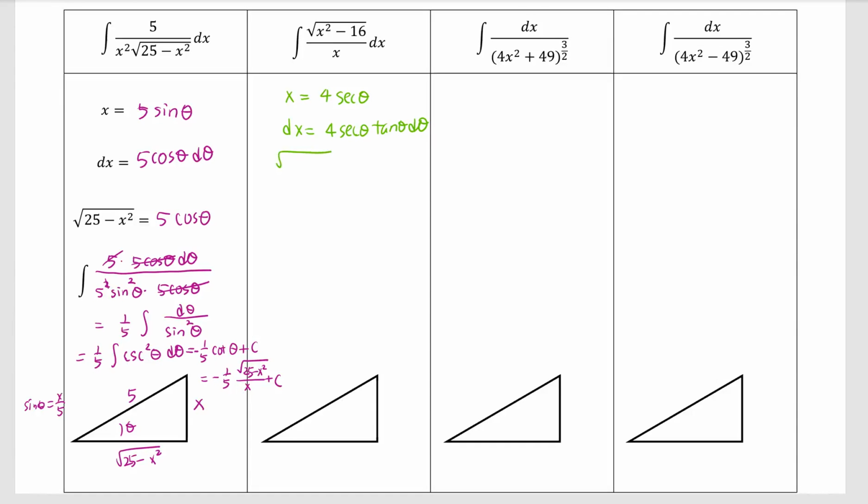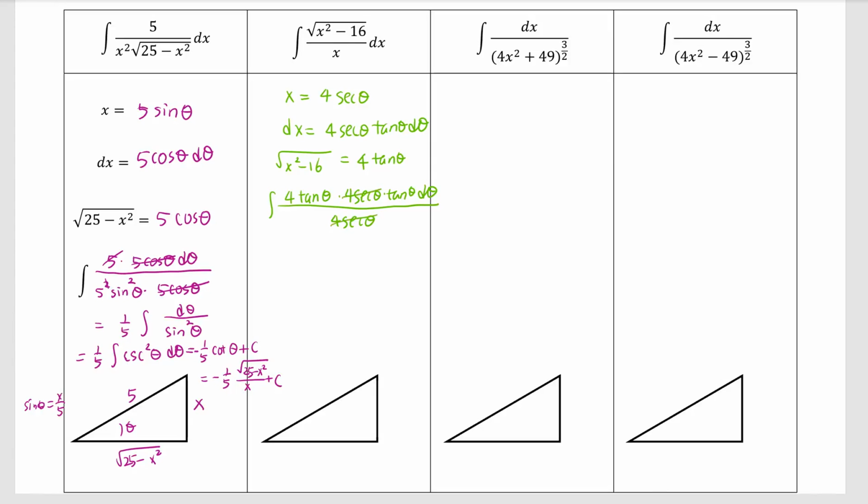And what's the square root term? Well, the square root term is the family member of secant, so that's tangent, right? And then our integral becomes 4 tangent theta, times dx, 4 secant theta tangent theta d theta, all over x. x is 4 secant theta.